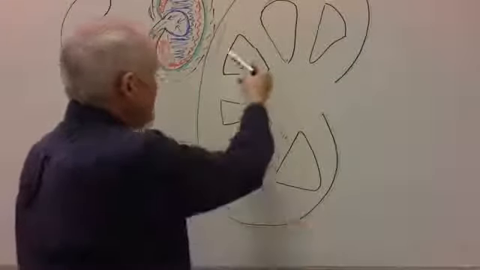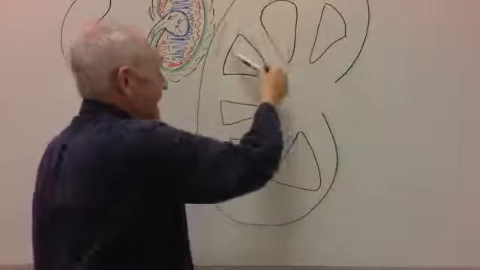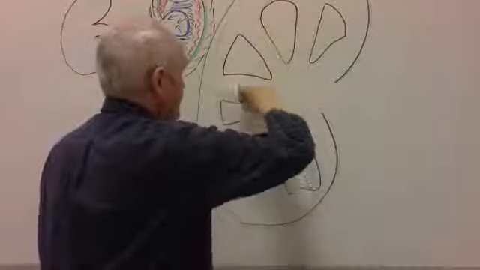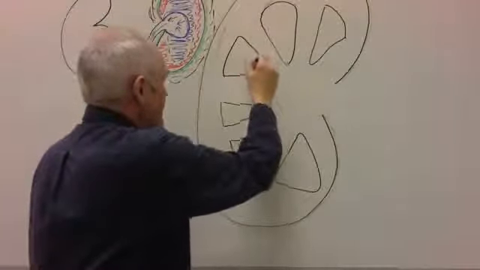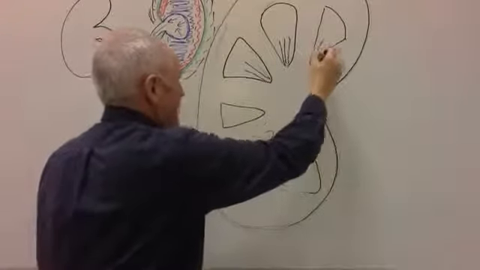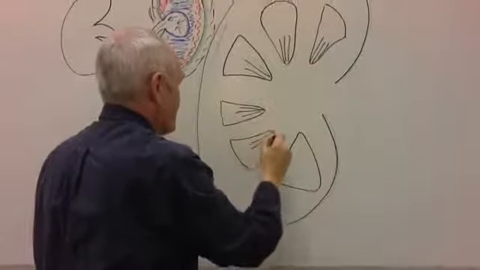Now, the urine is actually produced by the cortex and the medulla, the parenchyma of the kidney. And what happens is the urine passes down largish ducts, collecting ducts, that pass down through the renal medulla.